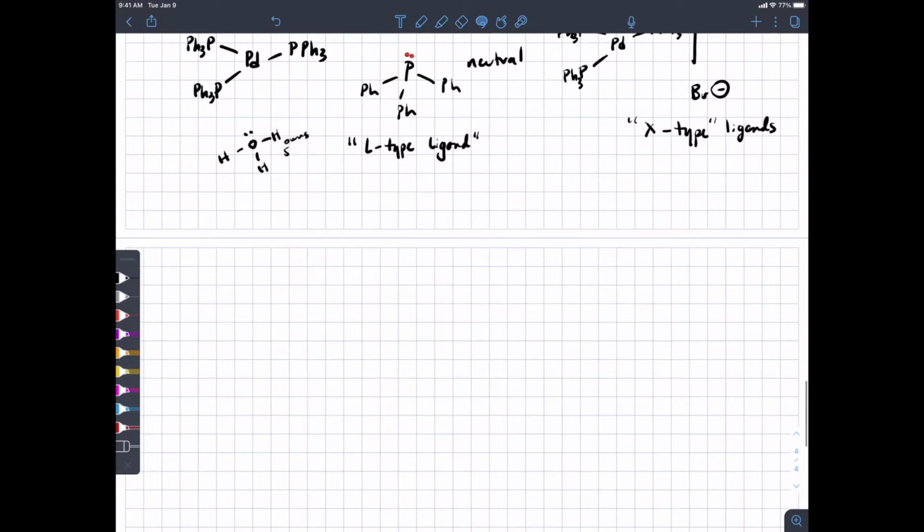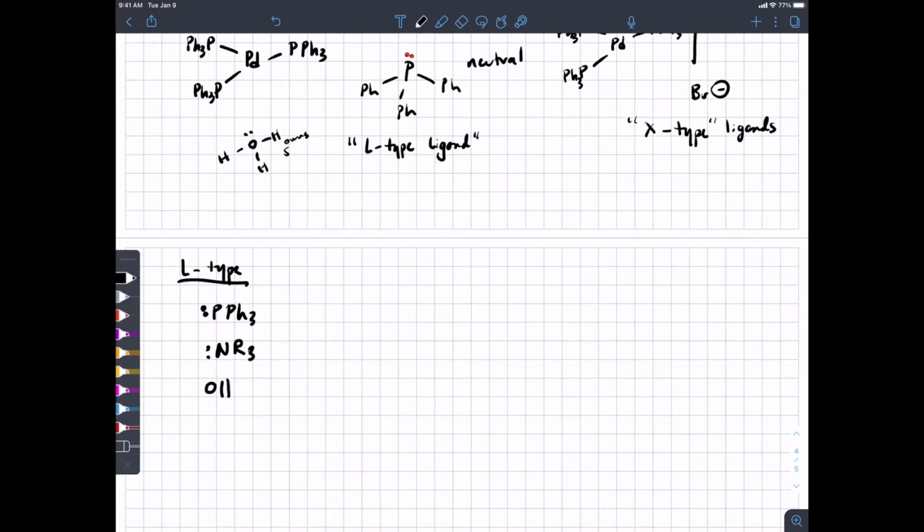But all right, let me show you some familiar L-type ligands, things that you will encounter and that you need to recognize as being ligands that are neutral. So phosphines, lone pair there. Amino groups, we're going to use R3 here. The R could be either a proton or an alkyl group.